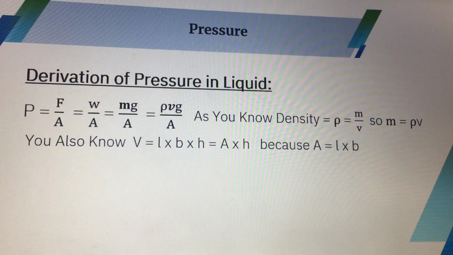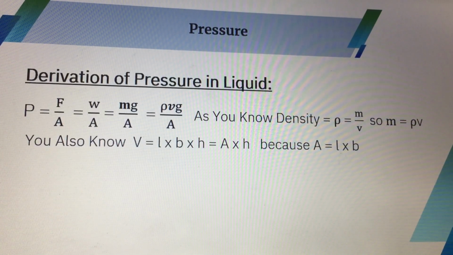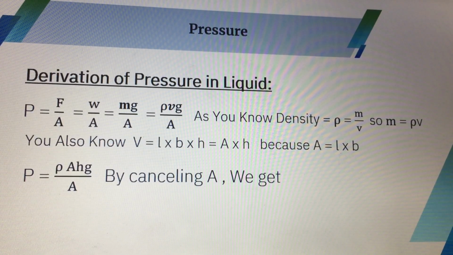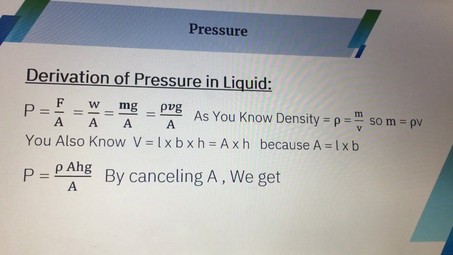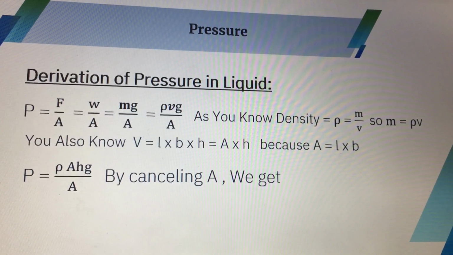So in the last formula, density rho V g upon A, we replace volume with A h. So the formula becomes pressure equal to rho A h g upon A. In numerator and denominator both sides A is present.